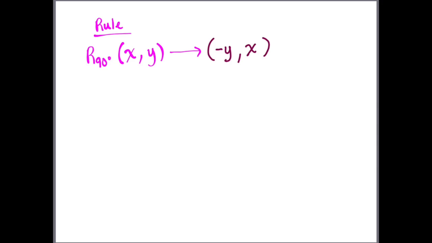So what happens here is that the order swaps, right? So instead of having x first, it comes second. Instead of having y second, it comes first.